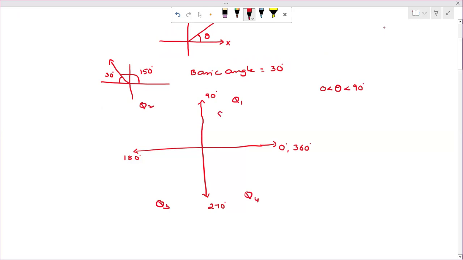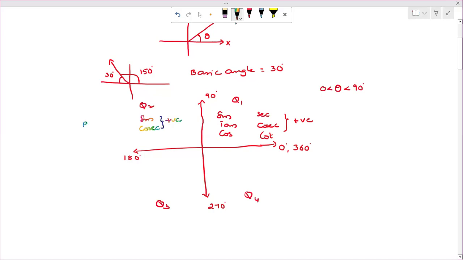In the first quadrant, all the ratios will be positive: sine, tan, cos, secant, cosecant, and cot. These all trigonometric ratios will be positive. In the second quadrant, it will be only sine and the reciprocal of sine, cosec, that will be positive.